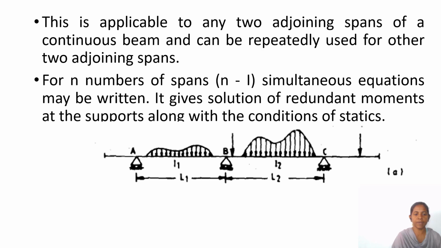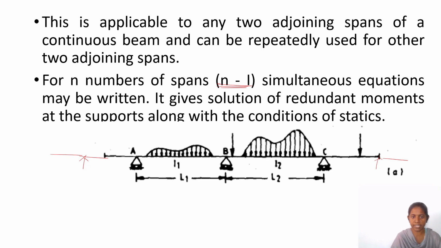You can increase the number of spans to the left and right, and extend the solution procedure to the nearby spans successively. For n number of spans, we can write n minus 1 simultaneous equations. It gives the solution of redundant moments at the supports along with the conditions of statics.